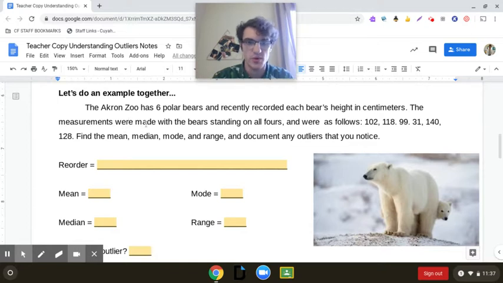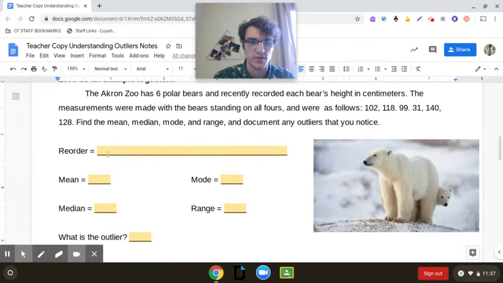The measurements were made with the bears standing on all fours and were as follows: 102 centimeters, 118 centimeters, 99, 31, 140, 128. So find the mean, median, mode, and range, and document any outliers that you notice.